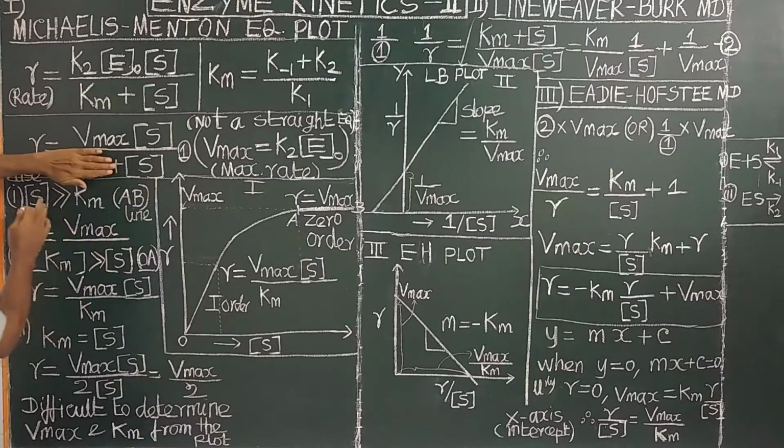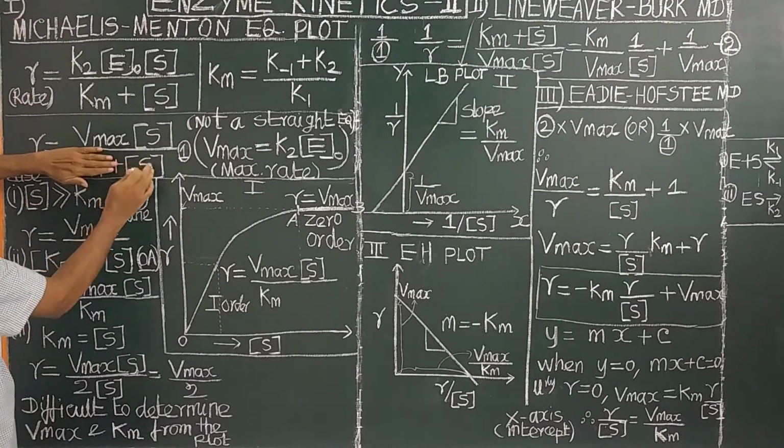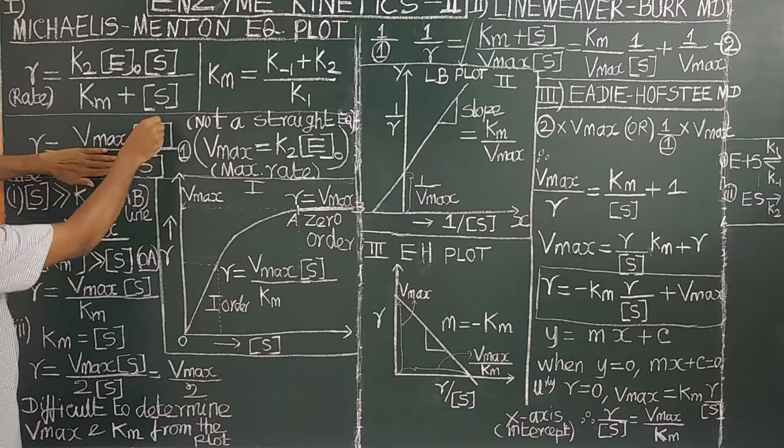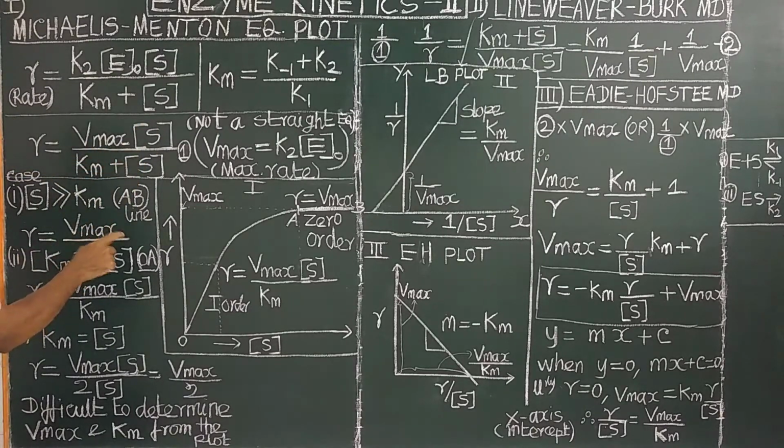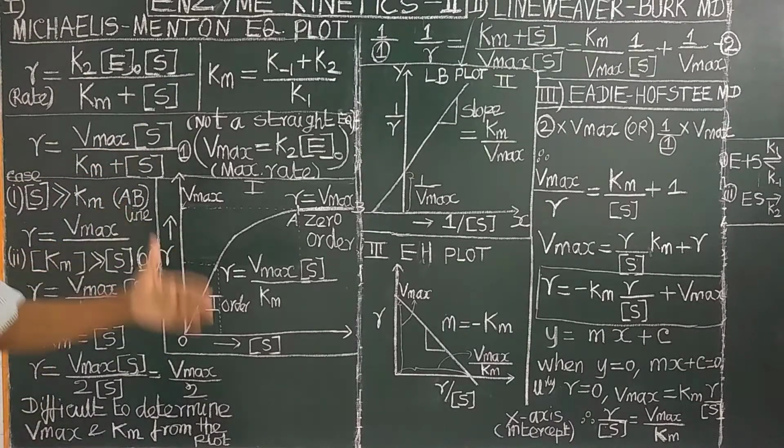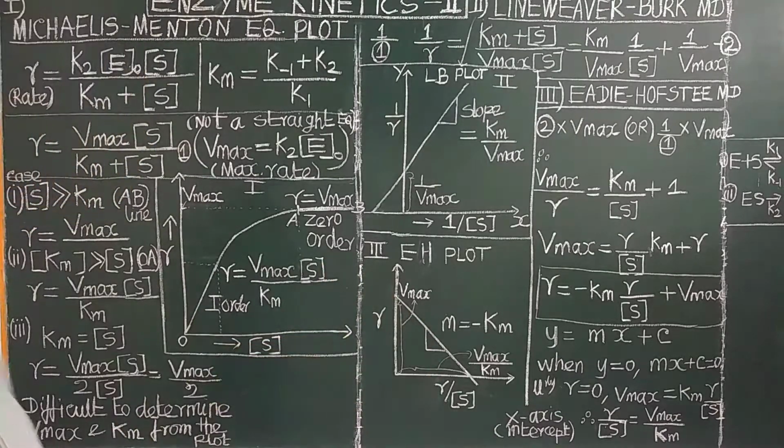Therefore, R equals Vmax. The rate of the enzyme catalyzed reaction is independent of substrate concentration. Therefore, it is zero order.